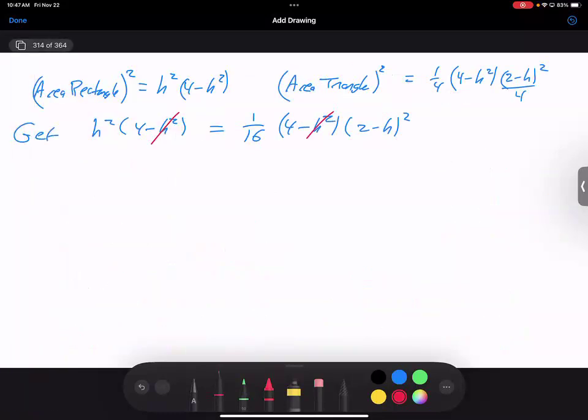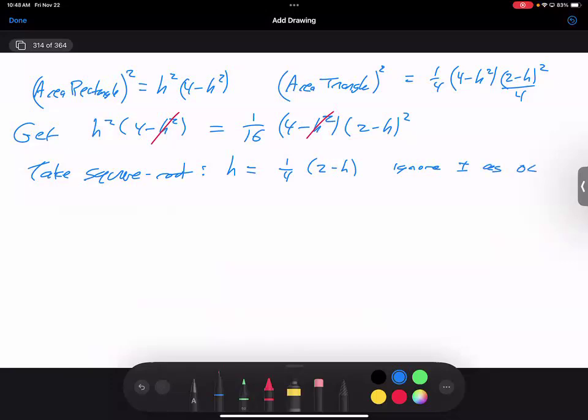So now, as you said, take the square root and we get h equals 1/4 times 2 minus h. Can we ignore the plus or minus? Yes.